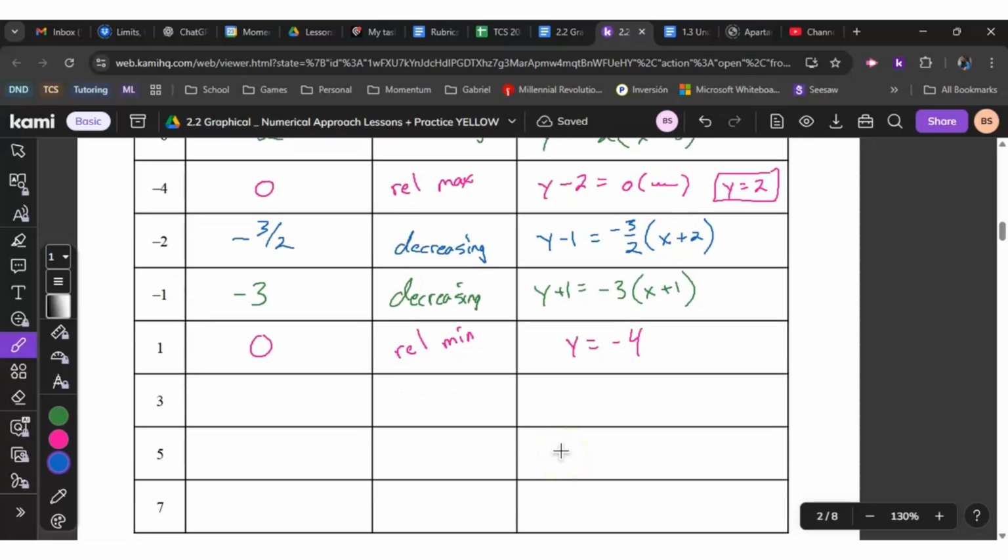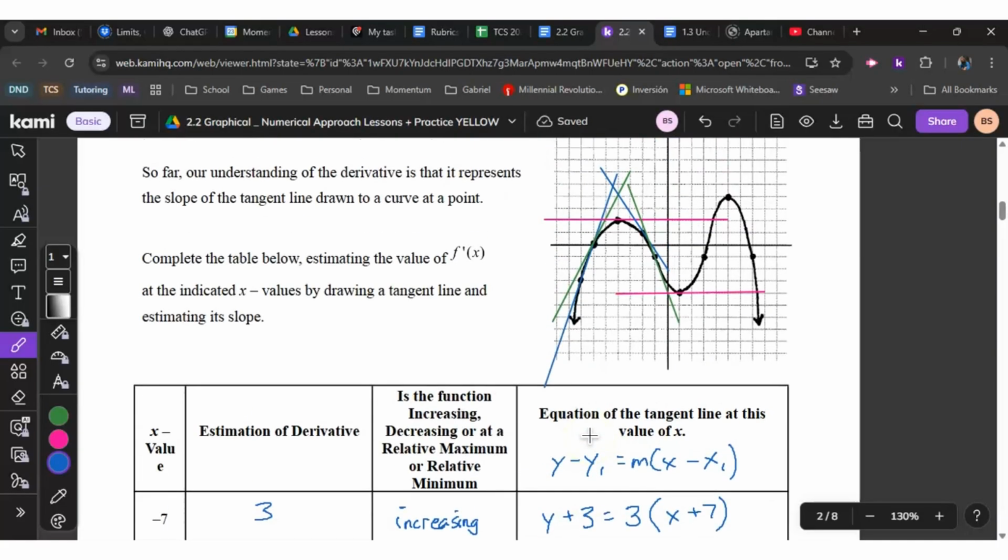Next one. All right, so for 3 here, let's see. Here's 3. That looks pretty steep. Let's try that. Oh, no. In this one particularly, how do you know how to draw the line?